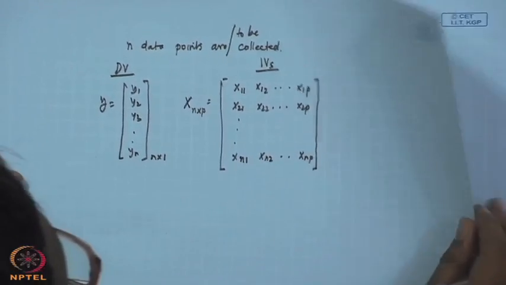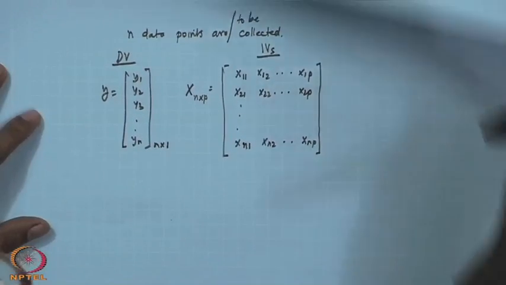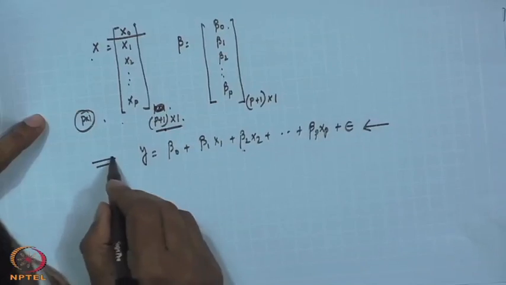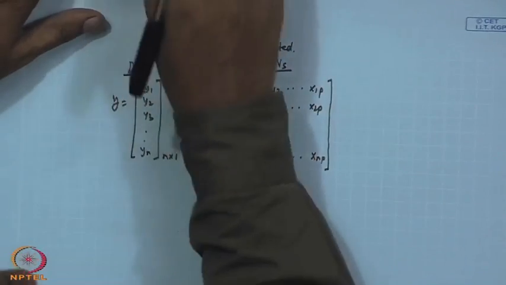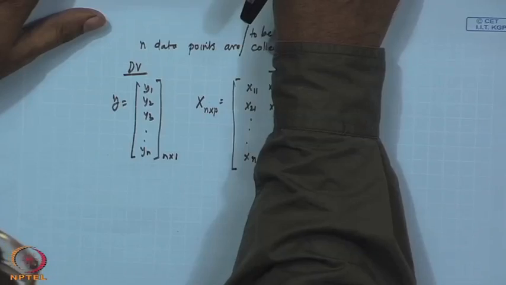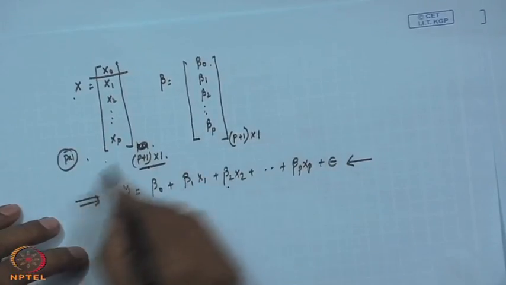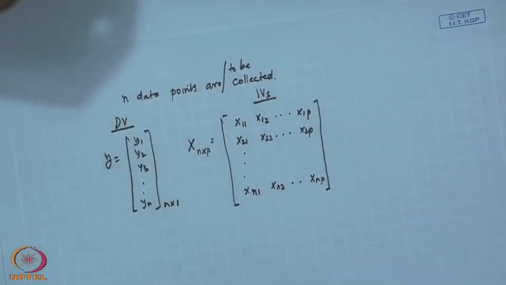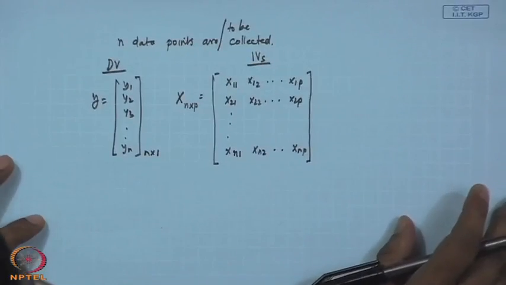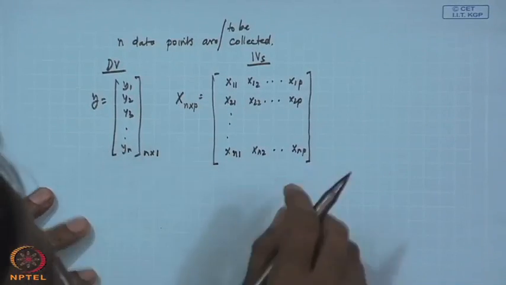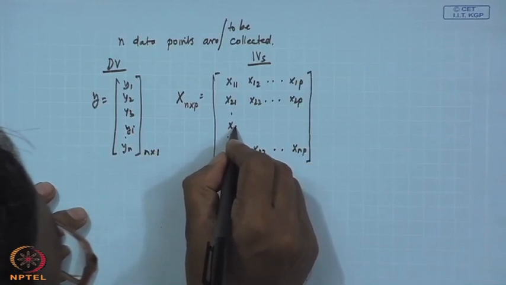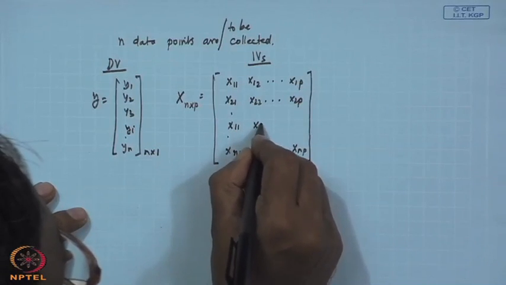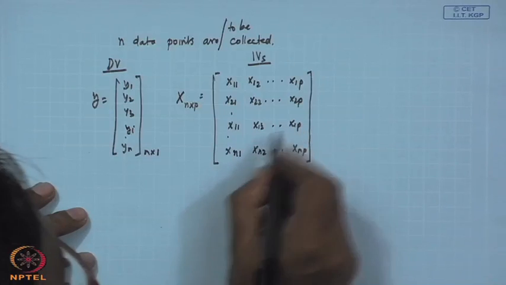Now, if you use this data set in the equation given here, then for every data point, this equation will become true. So, in order to take every data point into consideration, I write one yi here and then here it will be xi1, xi2 up to xip.